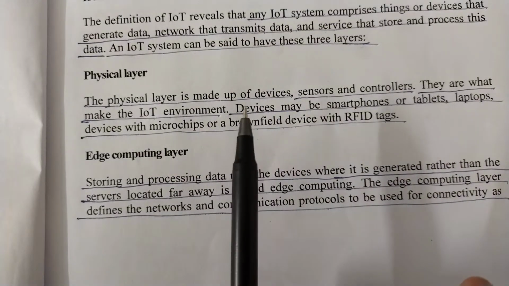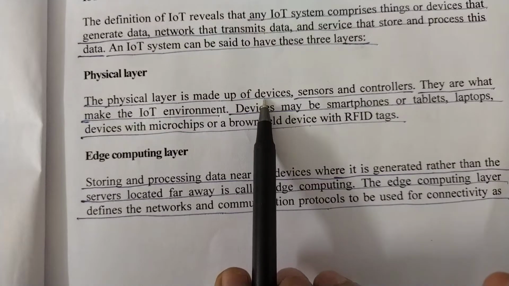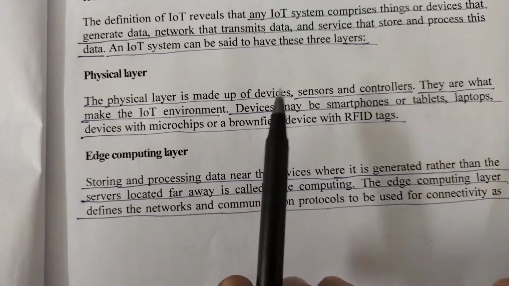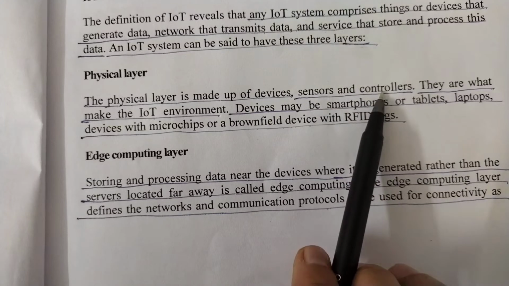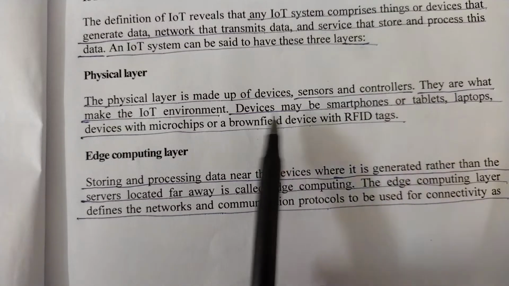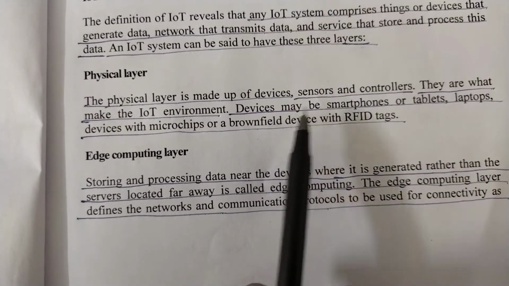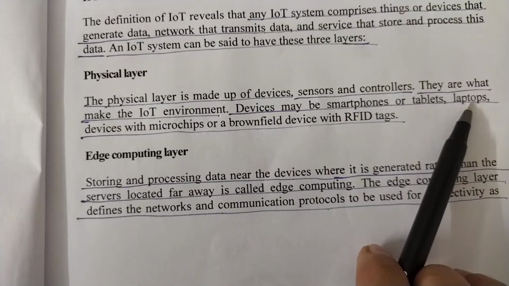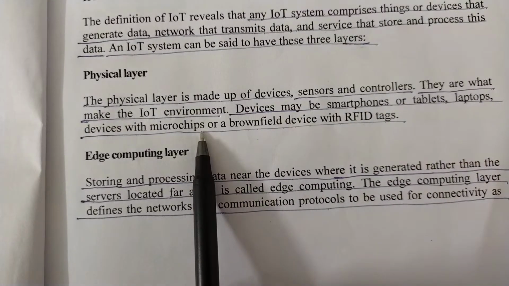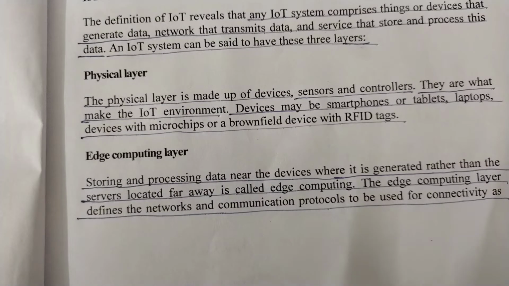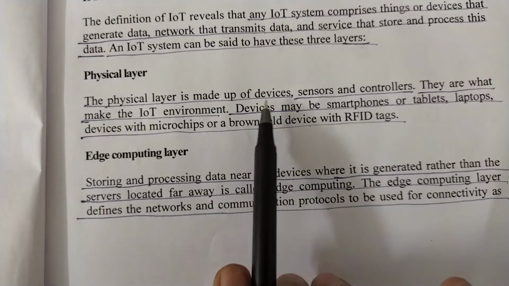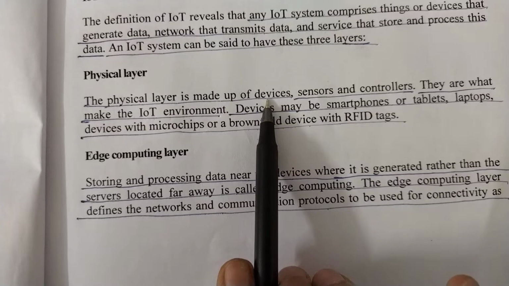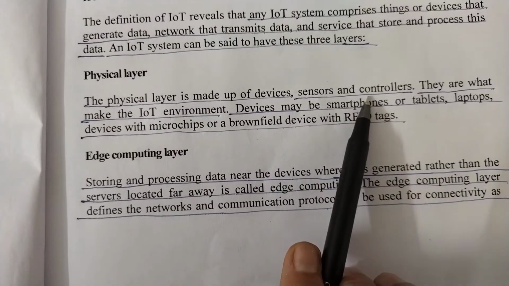Precisely, the IoT environment is made up of three main important things: the devices, the sensors and the controllers, right? Now devices could be anything. The devices could be your smartphones, tablets, or laptop devices with microchips. The devices could range from anything, but the basic things that these devices must have are sensors and controllers.